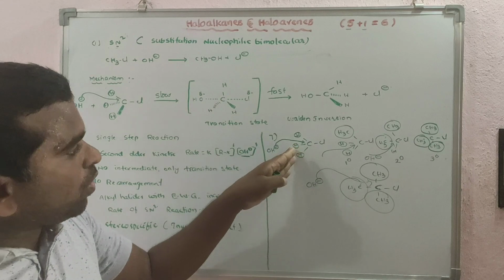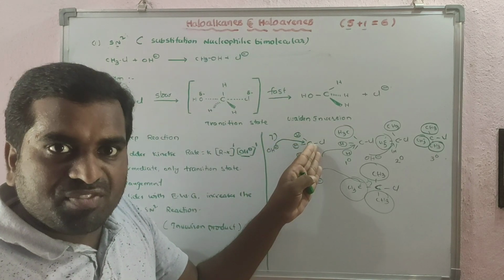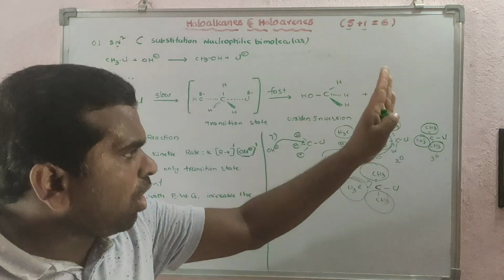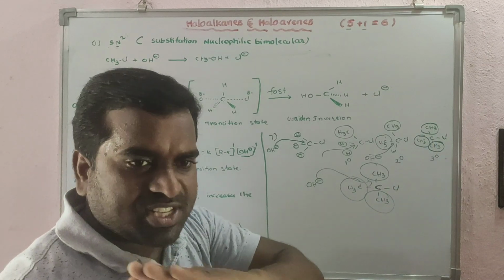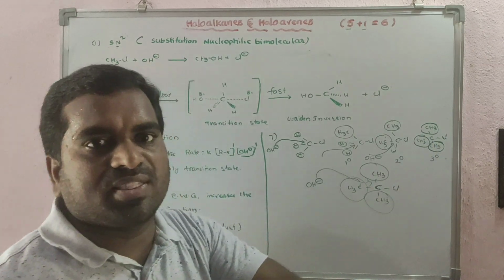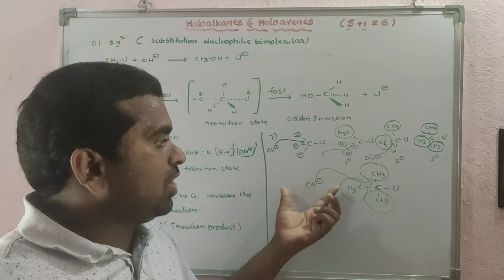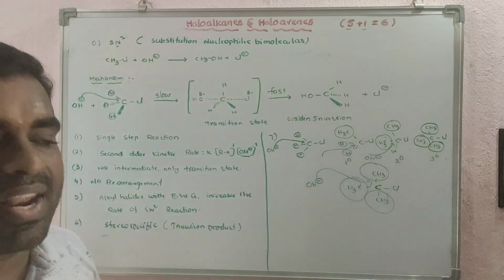So in methyl chloride, OH minus attack takes place very fast compared to primary, secondary and tertiary. In the tertiary, we will almost not observe an SN2 reaction. SN2 reaction will not take place in tertiary alkyl halides, because bulky groups will not allow the attack of OH minus ion on the carbon atom.